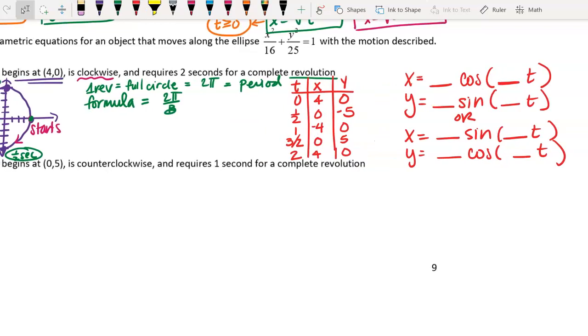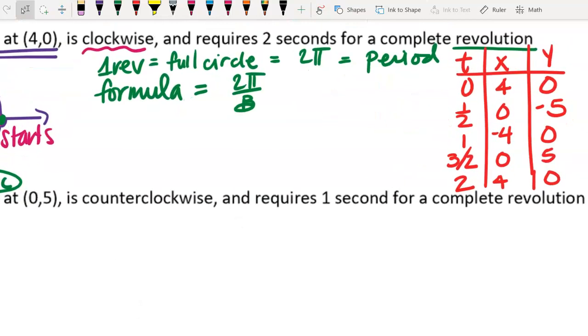We do have to find a b value, guys. What do we need to do to find beta? So A goes in the front, first blank space for all of them. B goes in the second blank space. So how do we find beta? How long does it take? How many seconds does it take for us to complete a revolution? Yep.